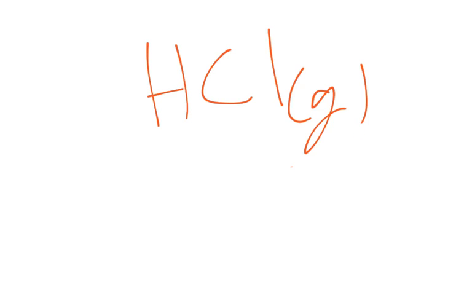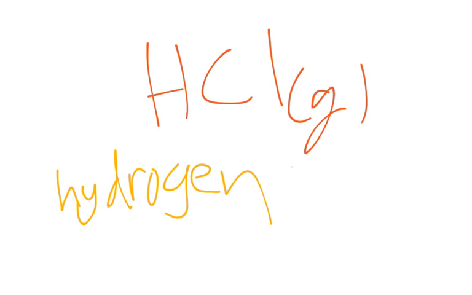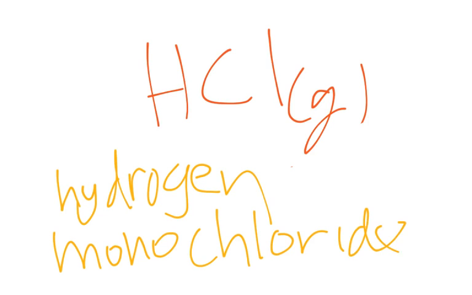So this would simply be hydrogen, and we omit the prefix because there's only one atom of hydrogen for our first element. And our next one will be monochloride. Even though the second element had only one, we use the mono prefix because it is not the first element, it is our second element. So we don't treat it with the same rule as the first element.